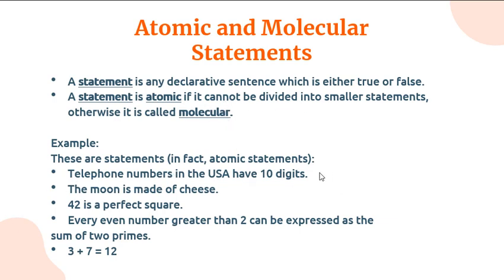As you can see in this example, it cannot be divided or separated. Another example is the moon is made of cheese. 42 is a perfect square. Every even number greater than 2 can be expressed as the sum of two primes. And 3 plus 7 is equal to 12. Each can be either true or false. Those are called statements.